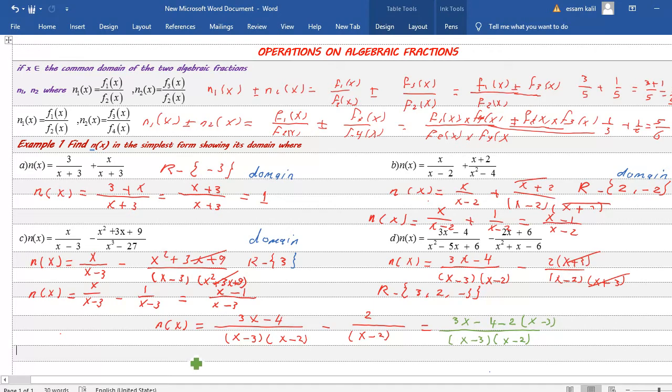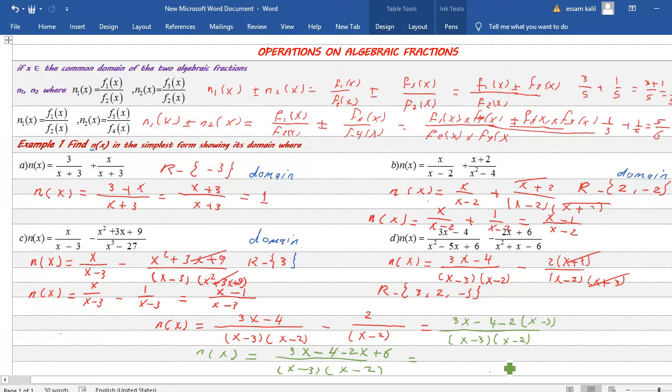Make the simplest form, so then n of x equal x minus 3 times x minus 2, writing the 3x minus 4, 2 times x will become negative 2x plus 2 times 3 will become positive 6.